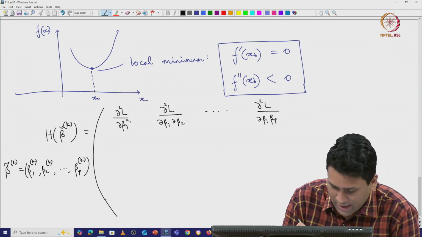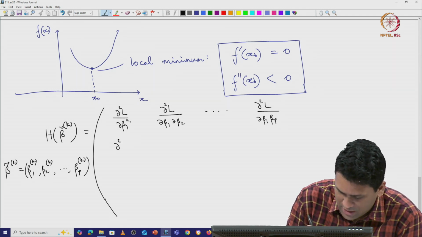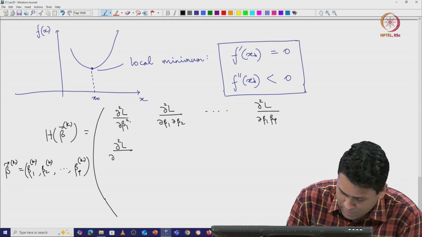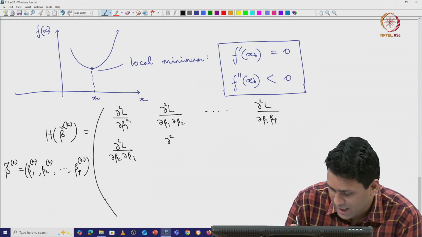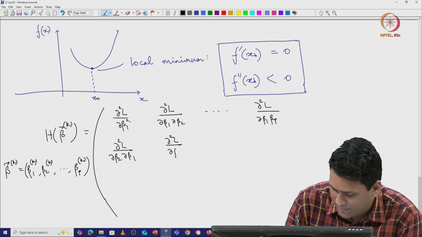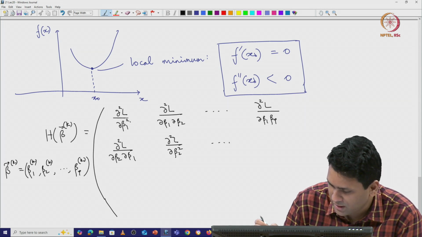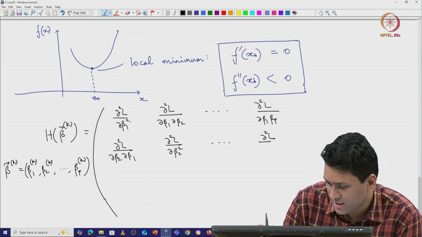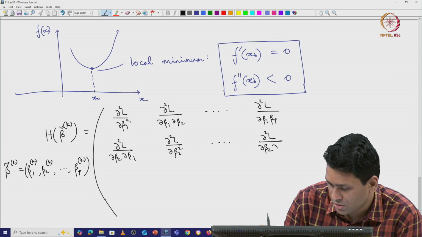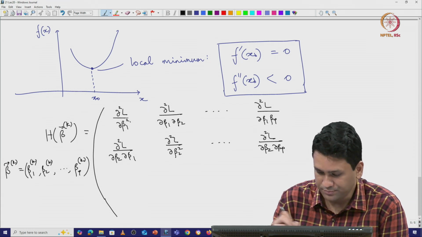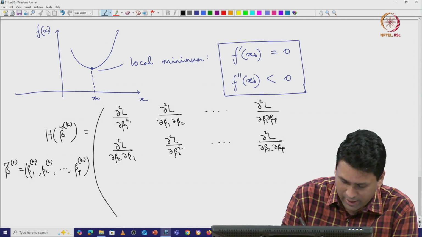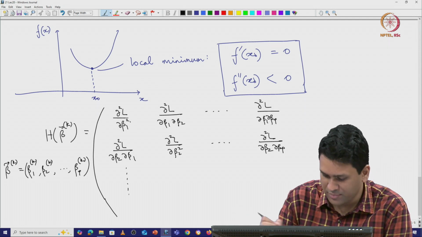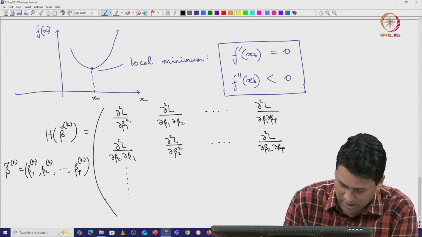What happens in the second row? In the second row you have del square L del beta 2 del beta 1, then of course on the diagonal del square L del beta 2 squared, and finally at the end del square L del beta 2 del beta p. And in the last row, this will be a p by p matrix because there are p parameters.